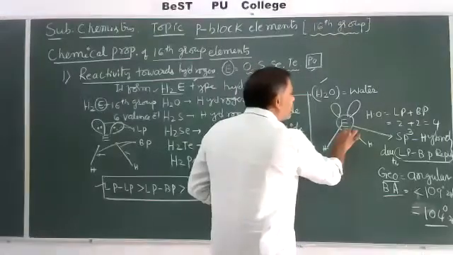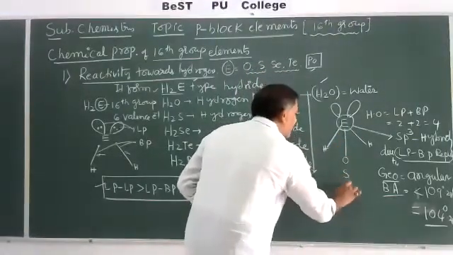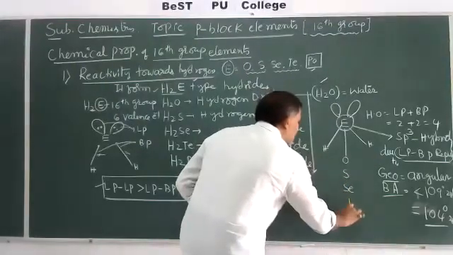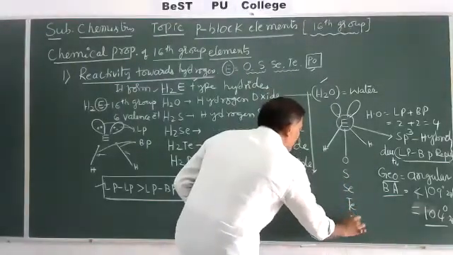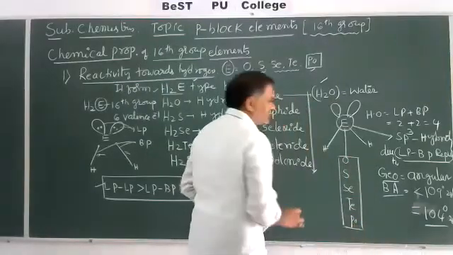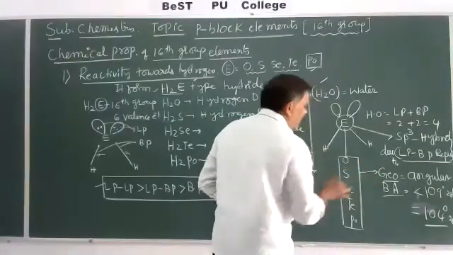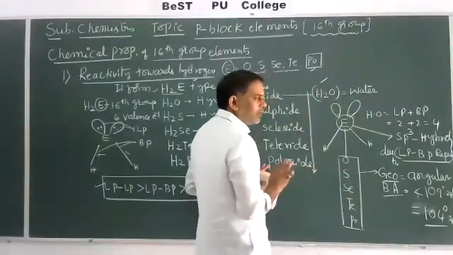Depending upon the element, whether it is oxygen, sulfur, selenium, tellurium or polonium, the bond angle changes. The geometry is the same for all, angular only.